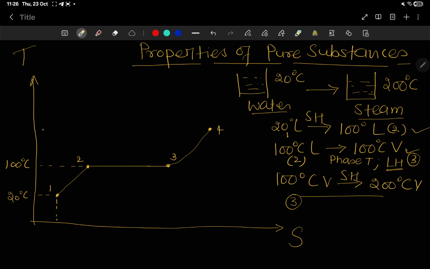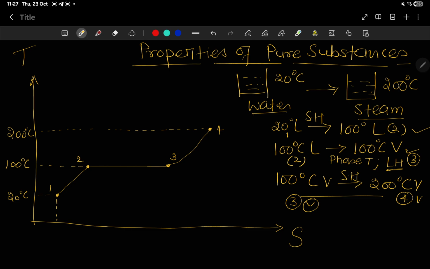This point 4 is taken as 200 degrees Celsius, and here we will get vapor. Point 3, sorry, point 3 is the state of vapor.